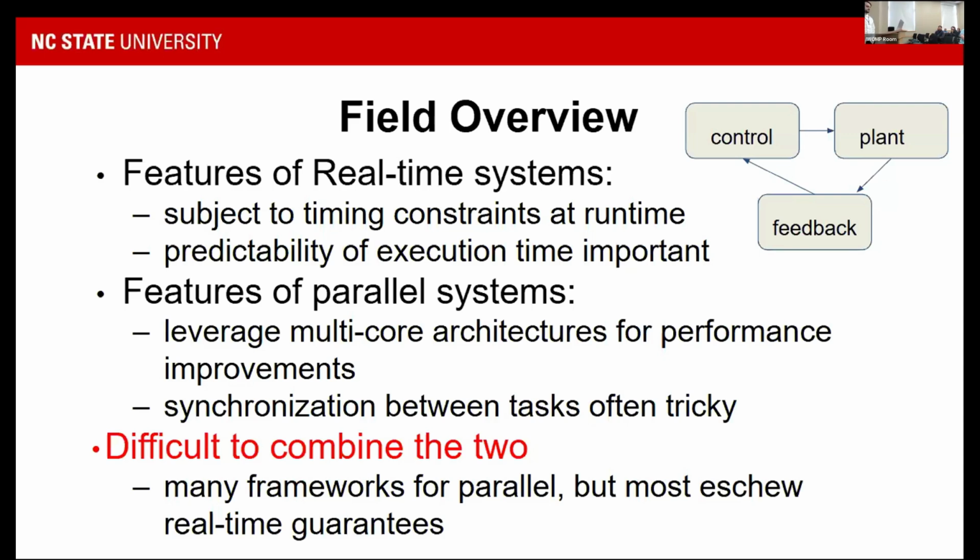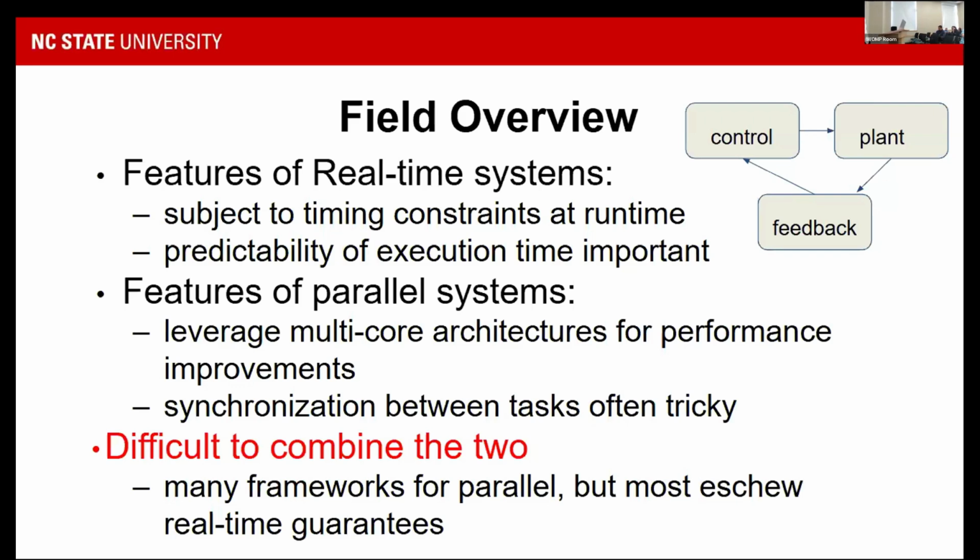In general parallel systems, there is leveraging multi-core architectures for performance improvements, and of course the open problem of synchronizing between different tasks. It's difficult to combine these two competing requirements.